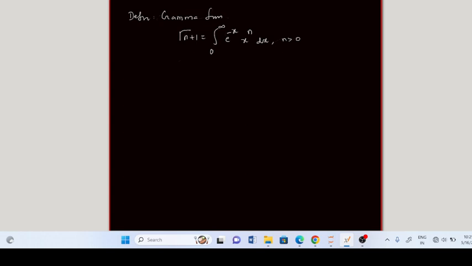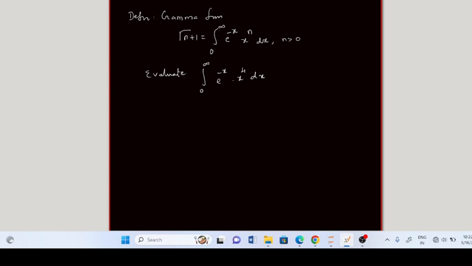Now we write the question: evaluate integral 0 to infinity e power minus x into x power 4 into dx. Here, by using the definition of gamma function, we compare x power n.